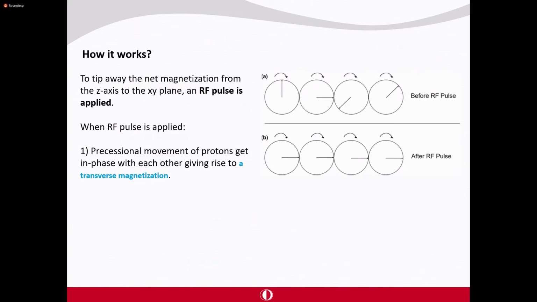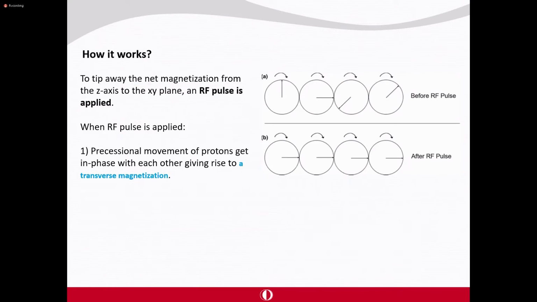Okay, now let us try to visualize this in our mind. So we have the spins which were precessing parallel to the magnetic field or opposite to the magnetic field. But overall, we have a net magnetization generated in the Z direction. And then we apply an RF pulse. The RF pulse is in the RF range, which I have shown you in the electromagnetic spectrum.